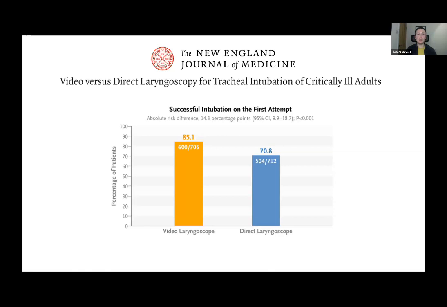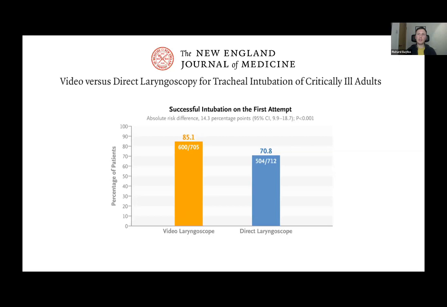But they did routinely use a bougie or a stylet for the first attempt. And they found that there was an improved first pass success rate with videolaryngoscopy. And there's no difference between the two groups in terms of serious complications. So thinking about things like critical hypotension, hypoxia, cardiac arrest, death, etc.